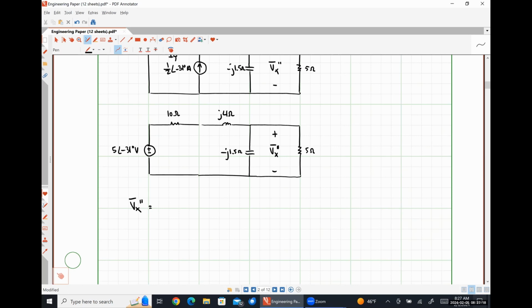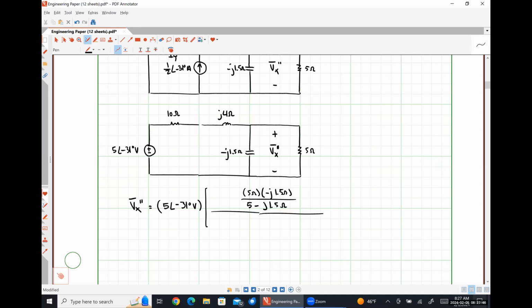VX double prime is going to be 5 angle negative 31 degrees volts times 5 ohms times minus J 1.5 ohms over 5 minus J 1.5 ohms.